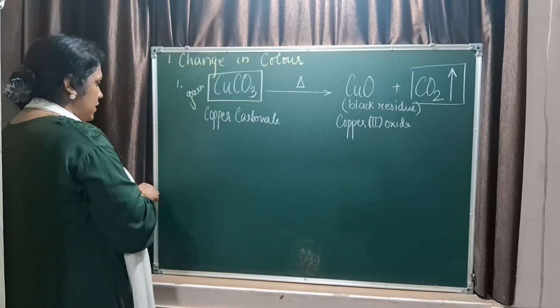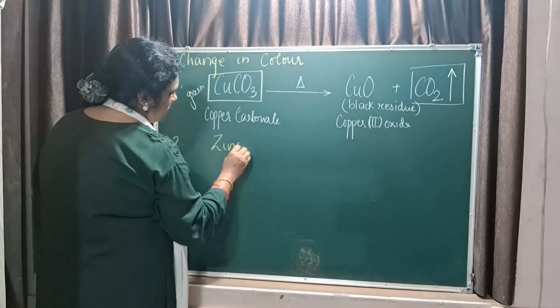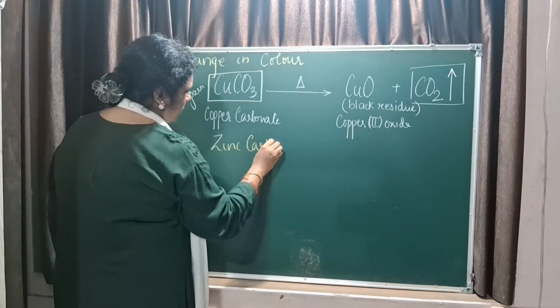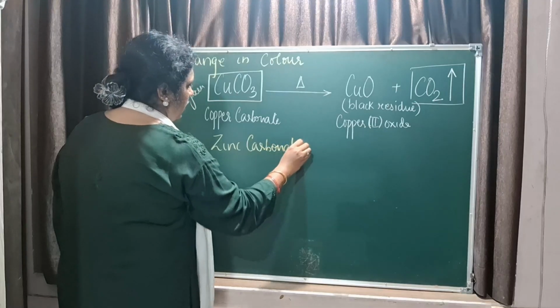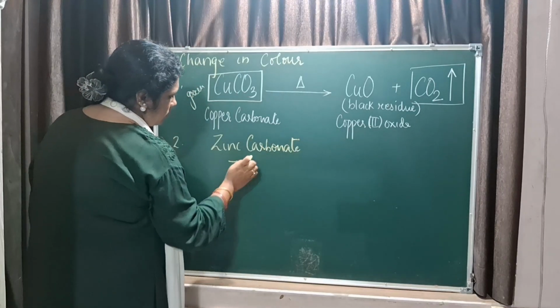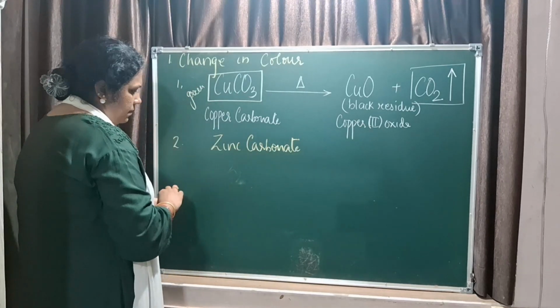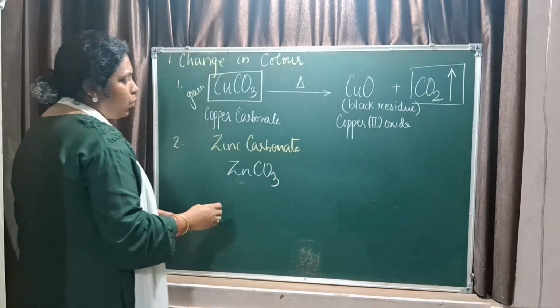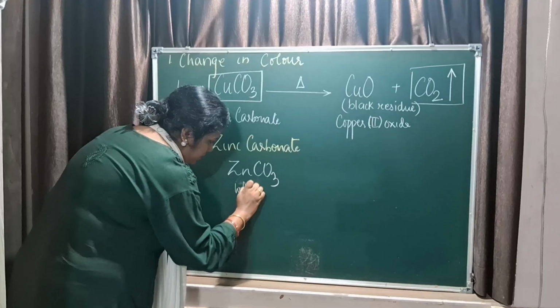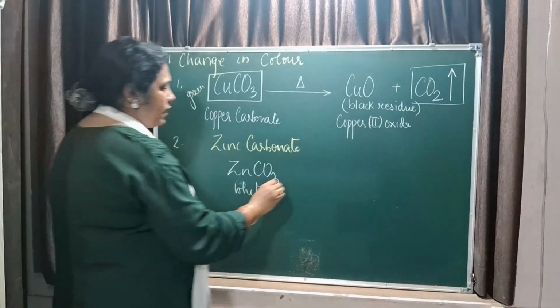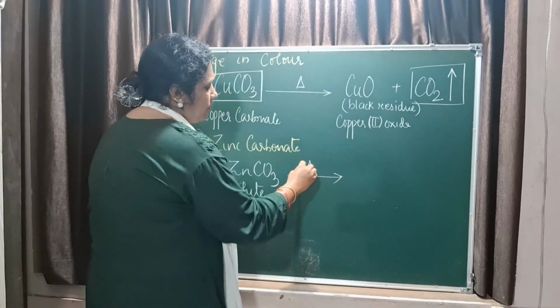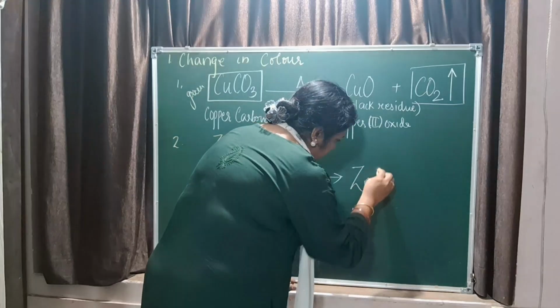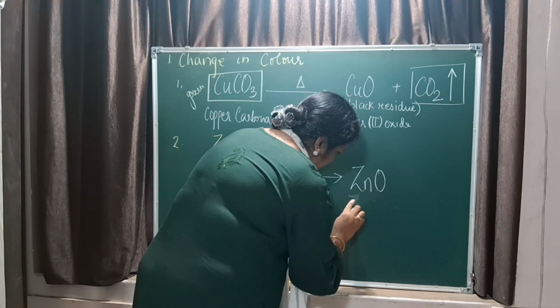Similarly, the next reaction is zinc carbonate, okay. It is a white color salt. When it is heated strongly, you have the formation of zinc oxide, okay.